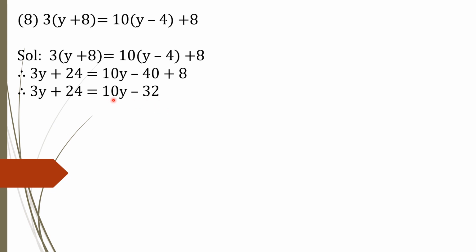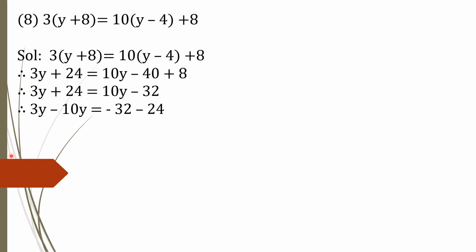Okay. Then now we'll bring variables to one side and numbers to the other side. So you'll get therefore 3y minus 10y equal to minus 32. Already it is there on the right hand side, we'll write as it is. And plus 24 from the left hand side will come to the right hand side, so you'll get minus 24. So further let's solve.